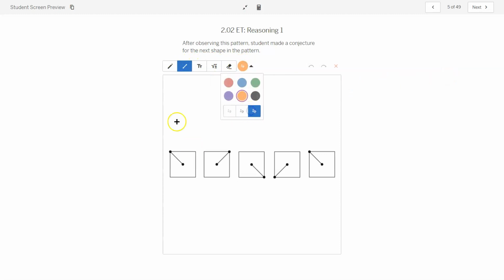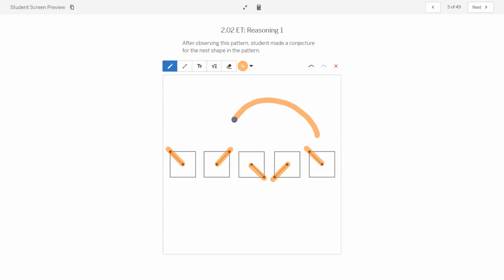We notice that our first pattern goes from the top left to the center, then from the top right to the center, from the bottom right to the center, from the bottom left to the center, and we start back over from the top left to the center. Therefore, we can say that our next pattern is going to be from the top right to the center.